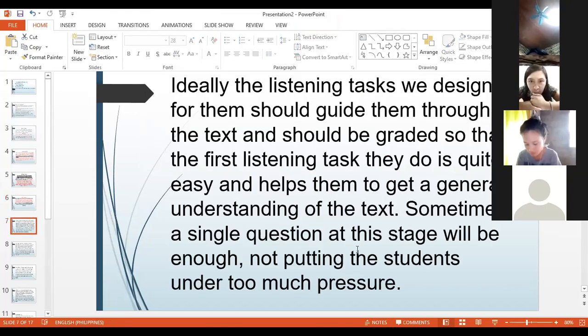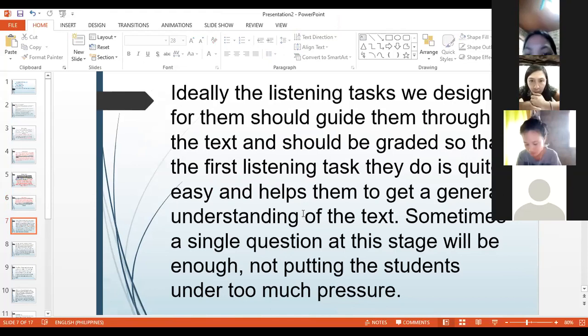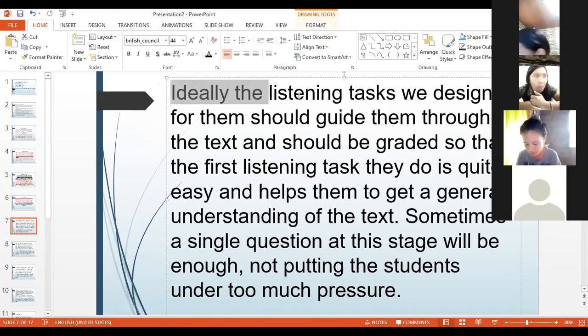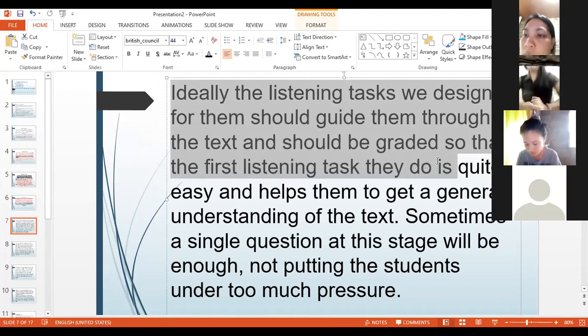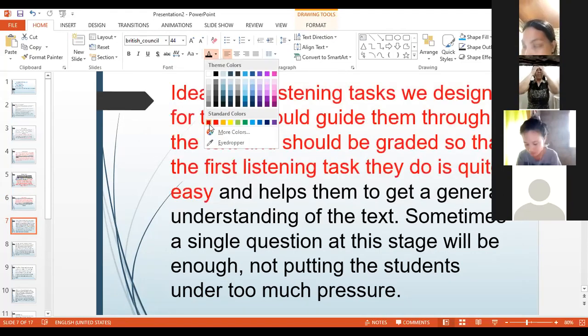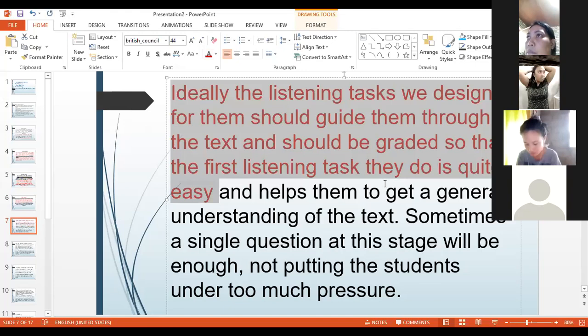Next, ideally, the listening task we designed to guide them through the text and grade it so that the first one is quite easy. Ito. Make sure that your first listening task, magpapagawa kayo ng listening task, it should be what? A guided listening task. And it is what?